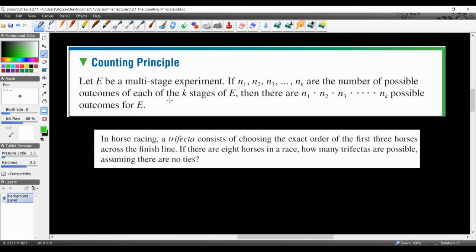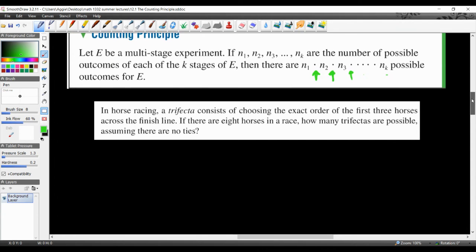So in other words, for each stage, we have this many possibilities times this many possibilities for the next one. And you can see here that multiplication going on between all of them, all the way till you get to the last one.